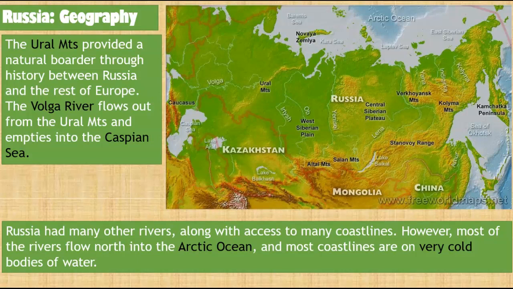However, most of the rivers flow north into the Arctic Ocean, and most coastlines are on very cold bodies of water. So you can see all of those natural borders that kept invaders out. And those coastlines where invaders could come in were, fortunately, on very cold bodies of water, so you can imagine that a lot of times those were ice covered or difficult to travel through.